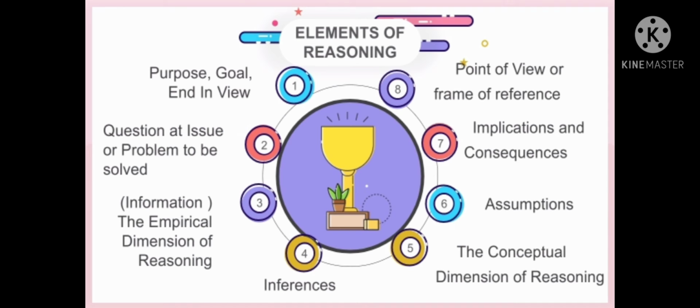So next is the elements of reasoning. We have 8 elements of reasoning. First, purpose, goal, end in view. Whenever we reason, it is to some end, to achieve some objective, to satisfy some desire or fulfill some need.